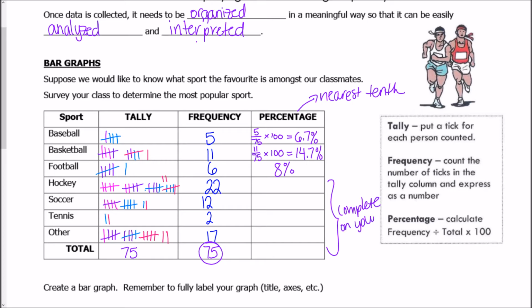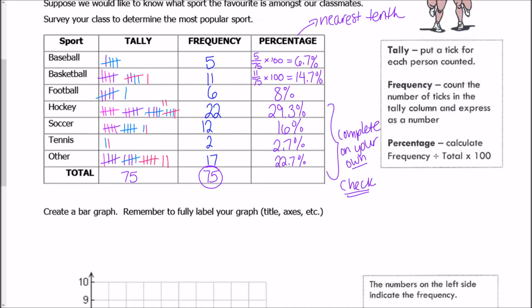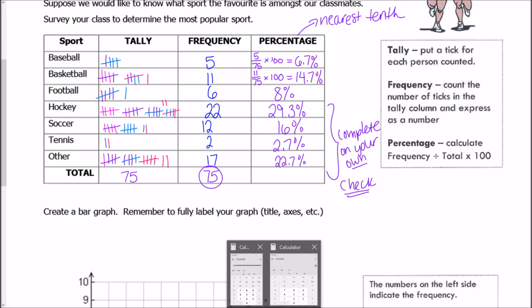And then when you're done, come back and check to make sure that you got the right answers. Okay? So check to see if you got the same values as I did right here, and then we're going to add it all up together right now to get our total.